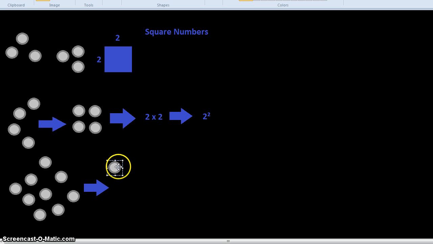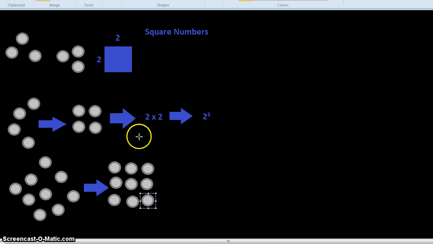So to do that, just like with a real square, we're going to have equal length sides. So 3 along the top, 3 along the sides, and we find out number 7, number 8, and finally number 9, that it does in fact form a perfect nice looking square.